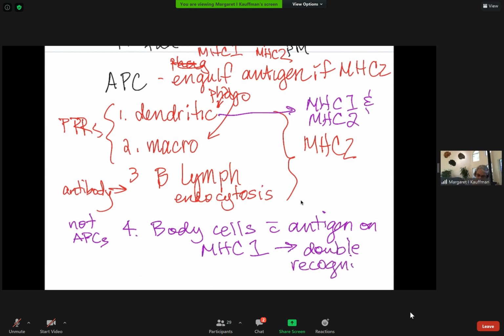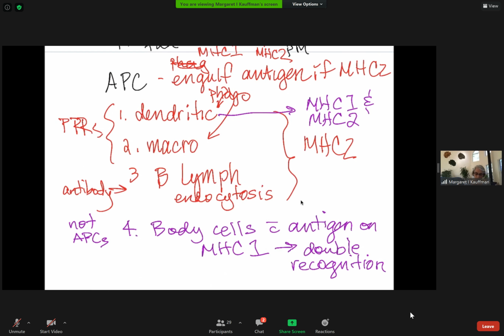Now, remember from what I said earlier, in order to fully activate these cells, they have to have not just double recognition, they have to have co-stimulation. So we will come back to that in a little bit, talking about how these CD8 T cells become co-stimulated.